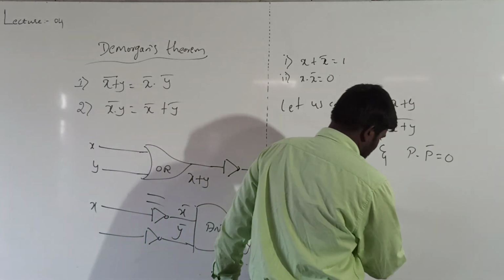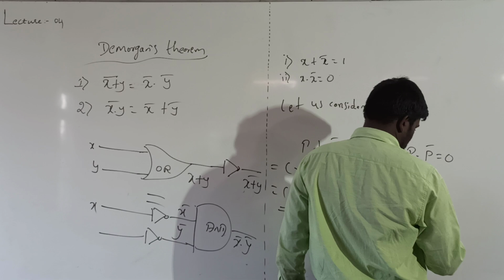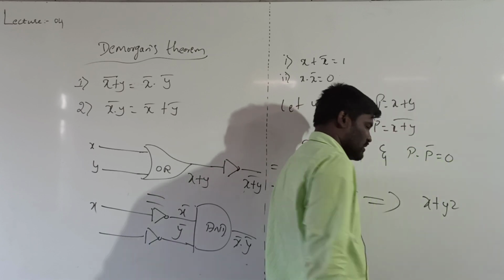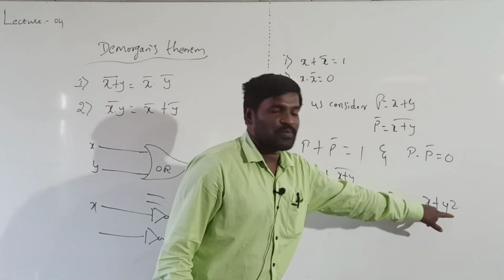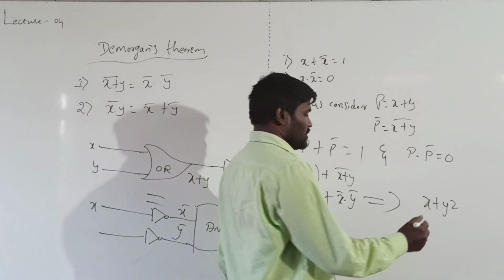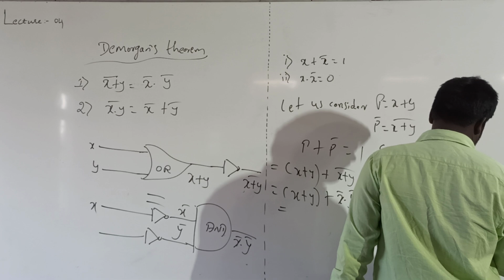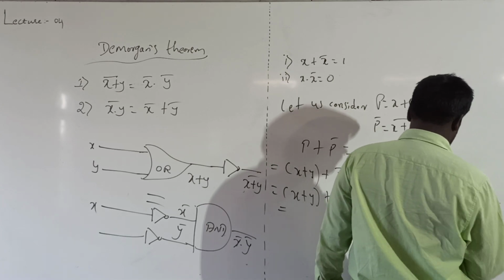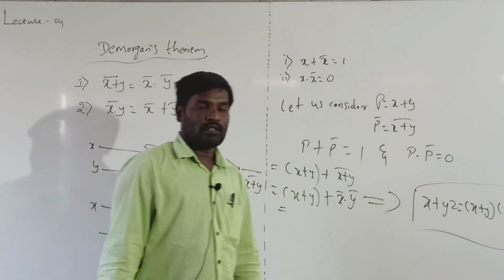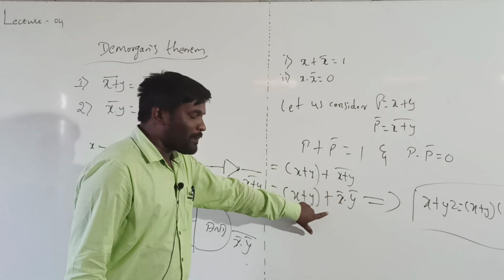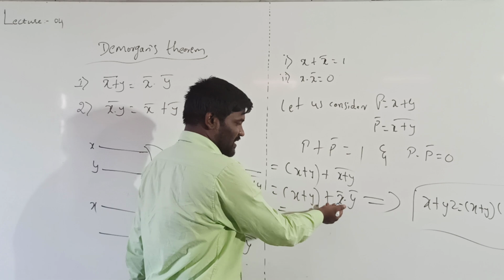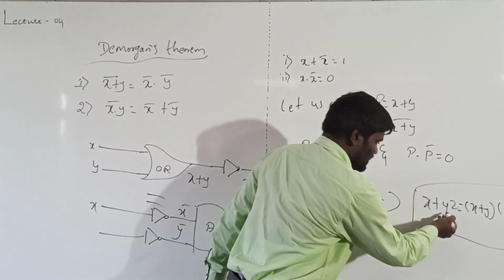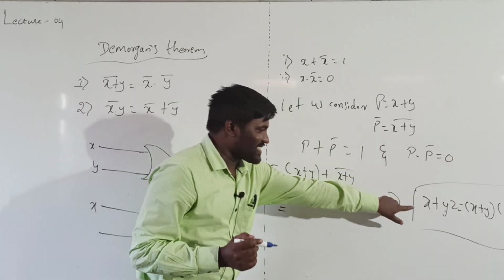See here, it is equivalent to yz. It means that here x plus yz is a distributive law, (x plus y) into (x plus z). If you apply the distributive law for this, see here x bar into y bar is there, here yz is there, here x is there.